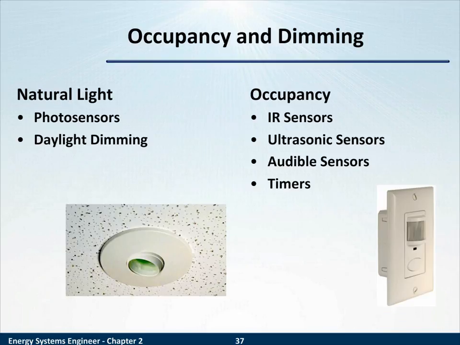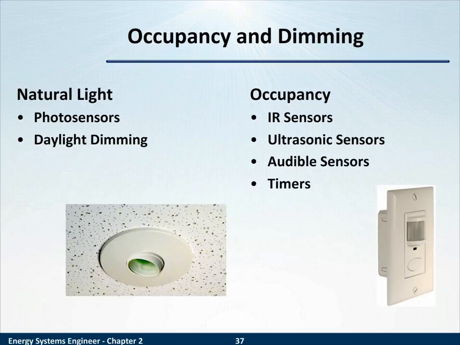Next is our section on occupancy and dimming. With respect to natural light, you can have photosensors and daylight dimming. Remember earlier when I differentiated daylight harvesting as an illumination source and daylighting as a control system. Well, this is daylighting as a control system.